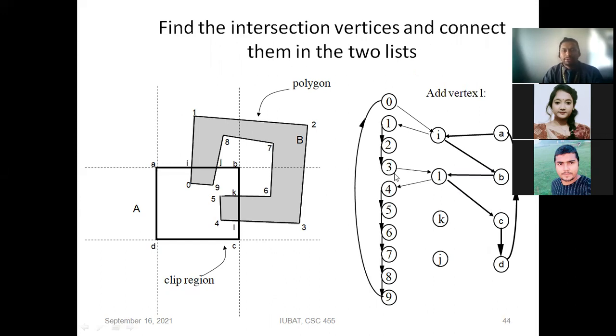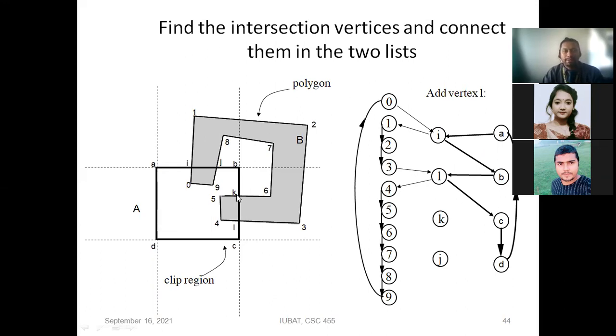For the clipping window, A to I to B, B to L, L to C, C to D, and D to A again. So this is after adding L.